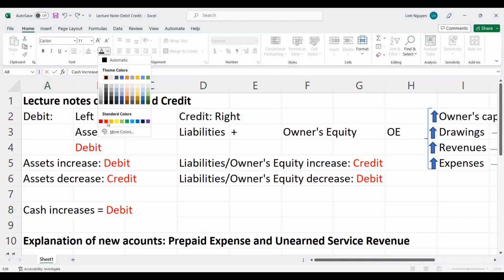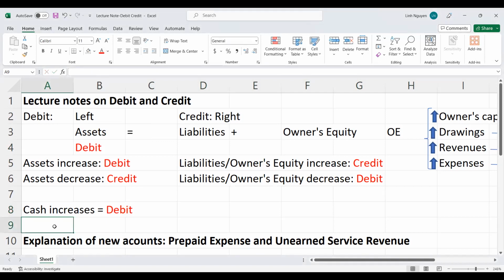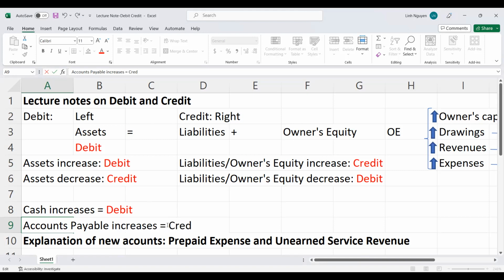Another example: accounts payable. Accounts payable means we owe money to someone. We promised to pay money to them in the future, and we haven't done that. So accounts payable is a liability. When accounts payable increases, we credit.